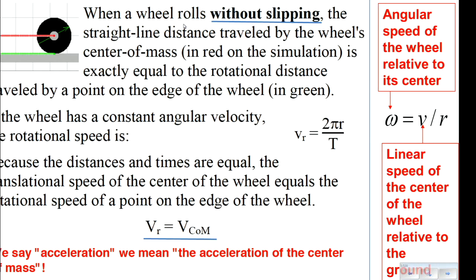And distance divided by time is speed, etc. So we can correlate, relate, couple linear variables which describe the motion of the center of mass, speed of the center of mass, acceleration of the center of mass, distance traveled by the center of mass, with rotational variables which describe rotational motion about the center of mass, like angular speed of that red dot.